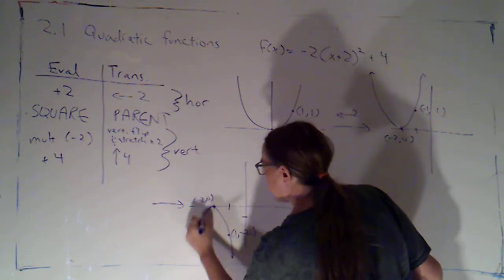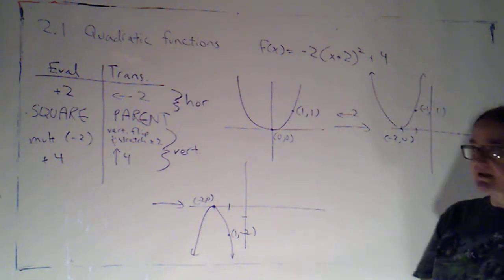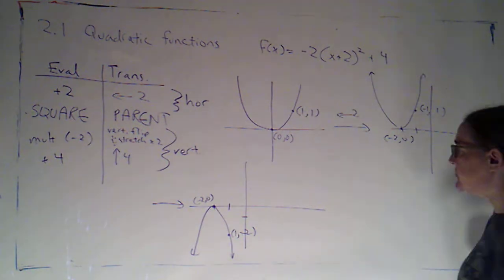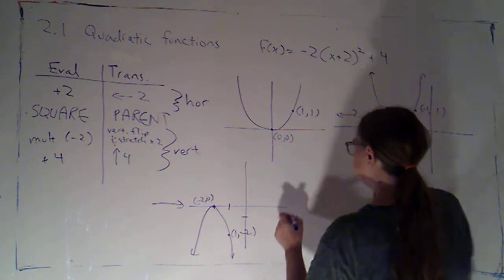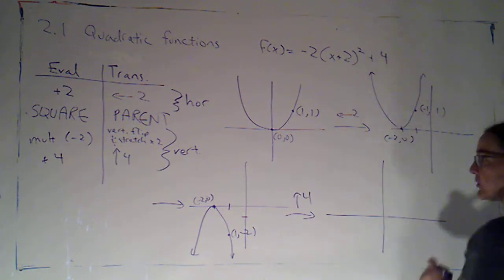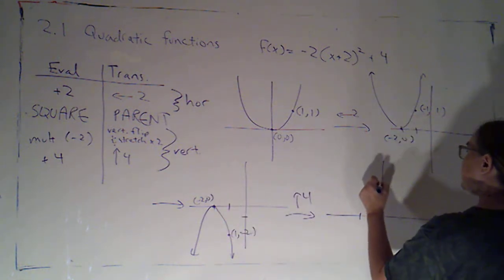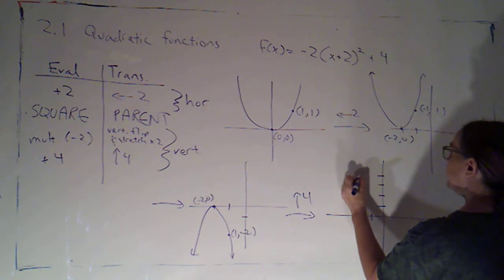And so I can see now it's opening upside down, and it's skinnier than it was. Okay. And then we're supposed to shift things up 4, which we accomplish by adding 4 to our y values. So the vertex is now going to be at -2, 4.